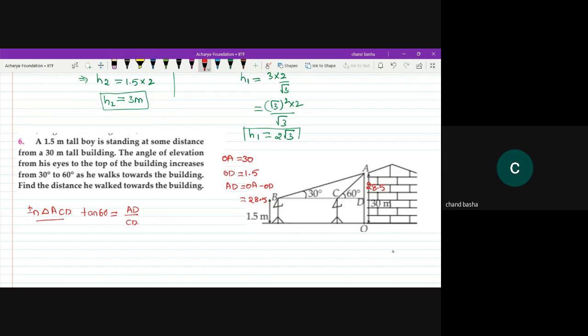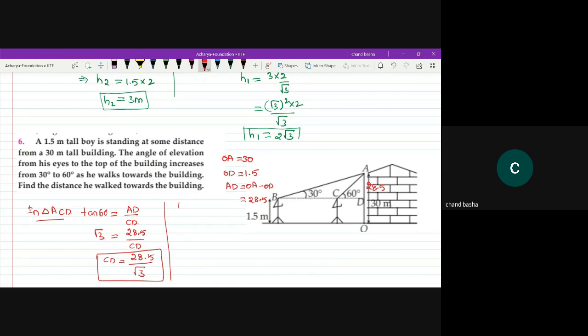We require the CD value. Tan 60 degrees is root 3. AD value is 28.5. Yes or no? It is 28.5 divided by CD. So CD is equal to 28.5 divided by root 3. Clear?